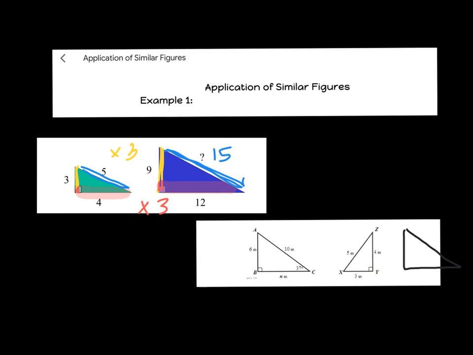So we want it in alphabetical order. So if I have A, B, C, and the A is starting at the top, that means in XYZ, the X should also be starting at the top, followed by Y, and then followed by Z. So XY is 3 inches. YZ is 4 inches, and XZ is 5 inches. Now these two triangles are facing the same direction.